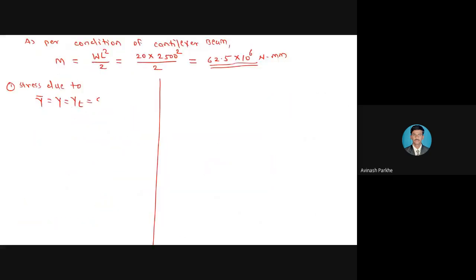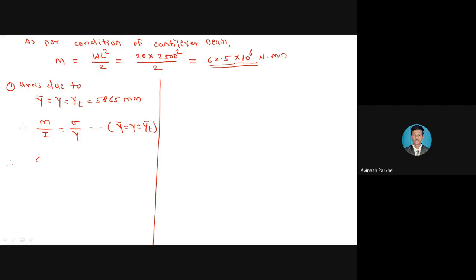58.65 mm. Therefore, we have the formula M upon I is equal to sigma upon y. So here I can write capital Y bar is equal to y is equal to y bar t, or only yt.